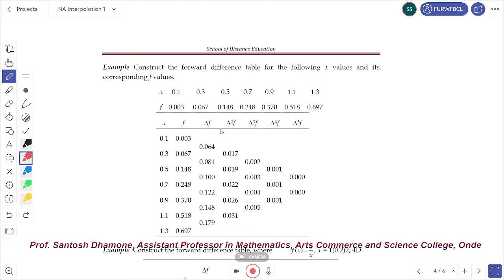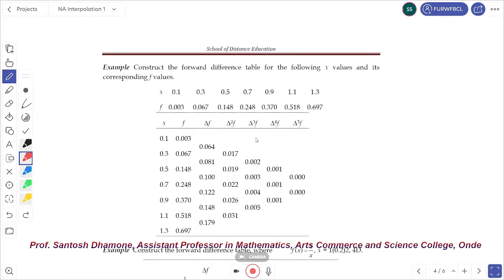Now we take the second difference, delta square f. We subtract 0.064 from 0.081 and get 0.017. Subtracting 0.081 from 0.100, we get 0.019. Similarly, 0.022, 0.026, 0.031.